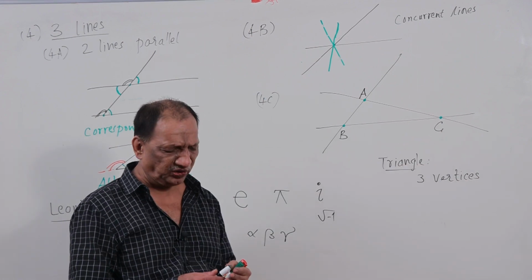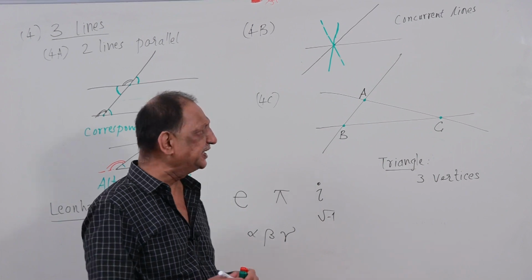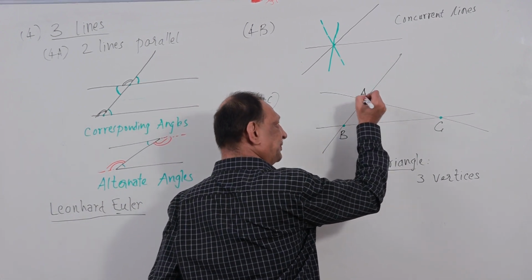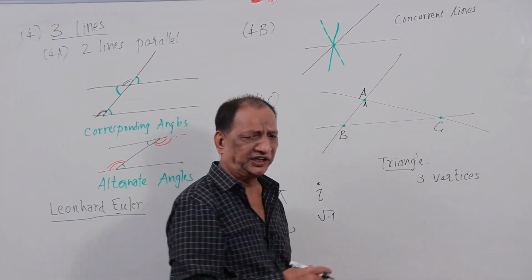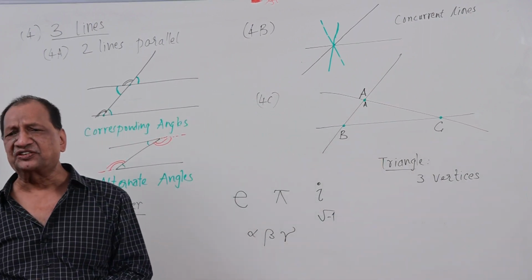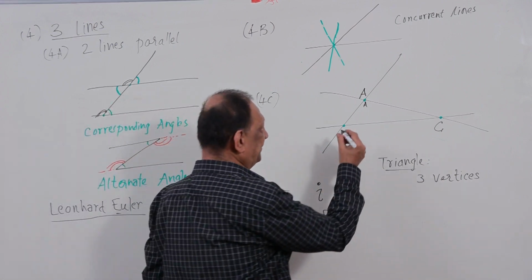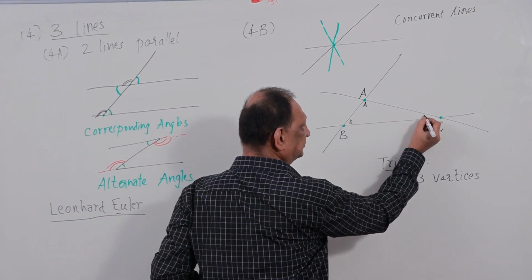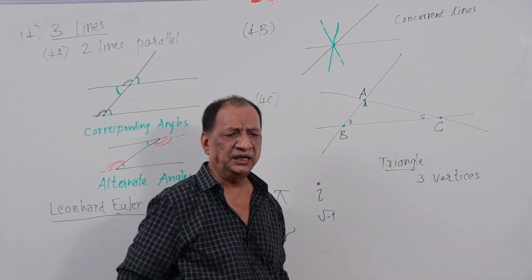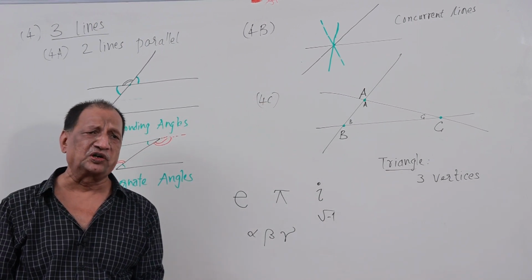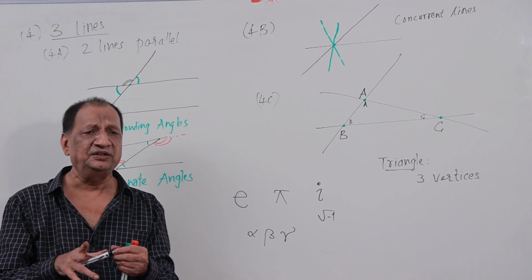But then people found there won't be any confusion if you give the angle also the same name. So A means either the vertex A or the angle subtended by BC at A. Both are A only. So A, B, C are the angles also. Depending on the context, you can decide whether we are talking about the vertex or the angle.